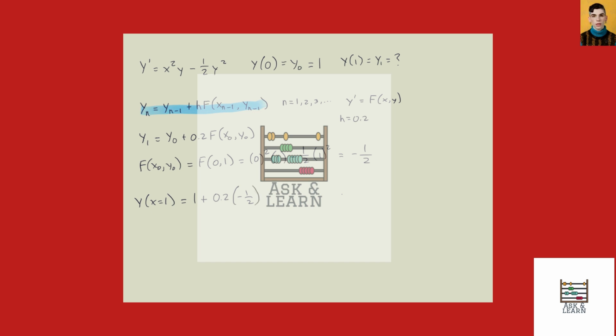And so, evaluating, we find that our estimate using Euler's method for y at x equal to 1 is going to be 0.9.